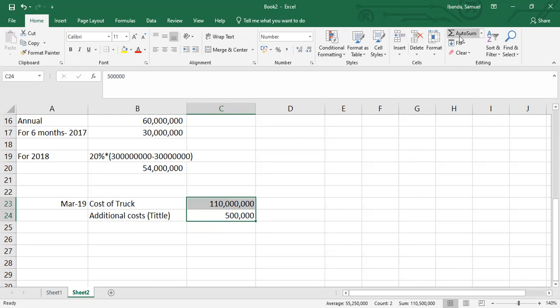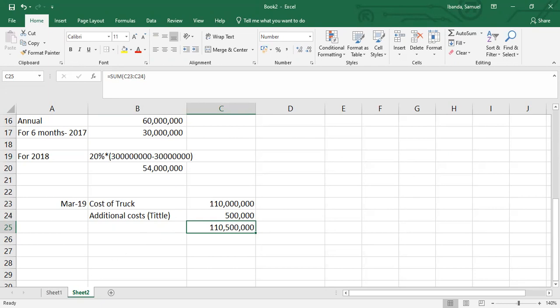So that gets you to 110,500. Okay, so this is the value of the truck.